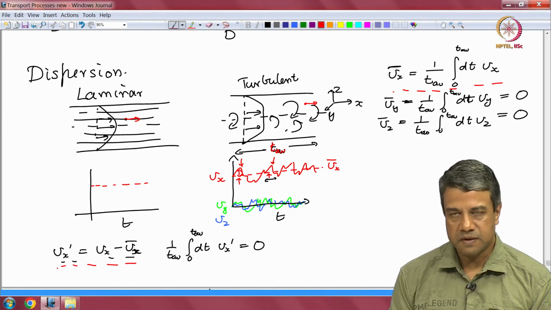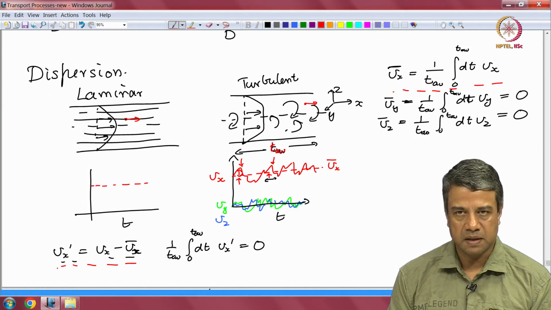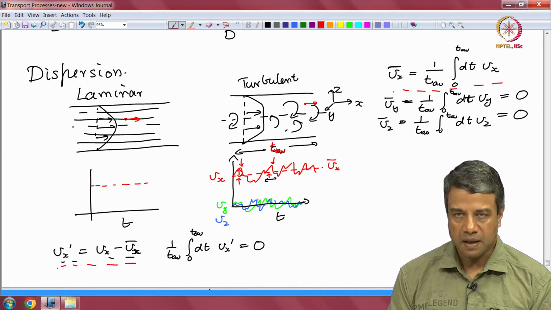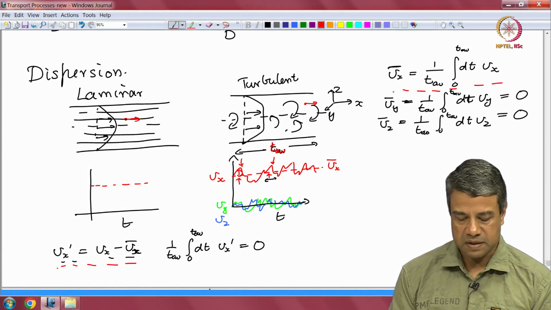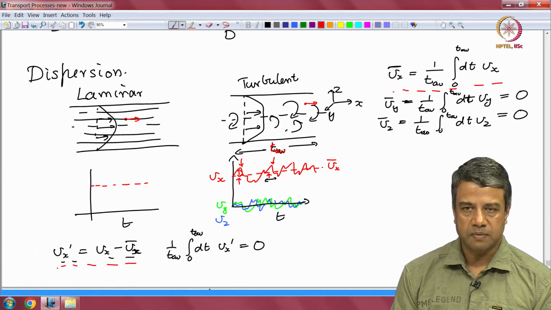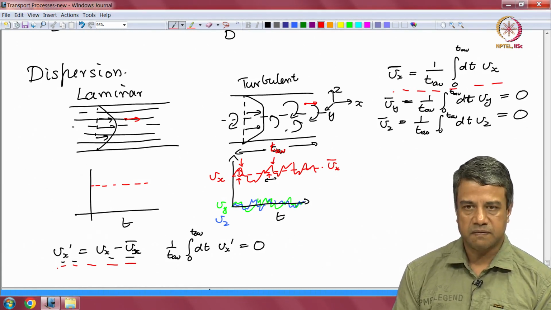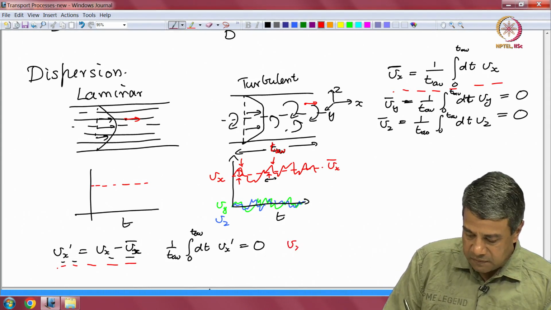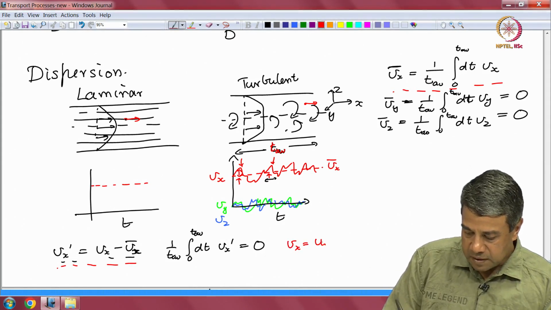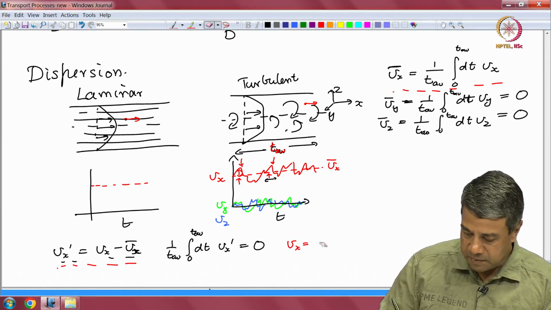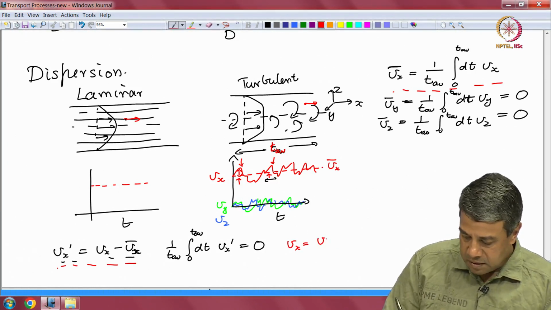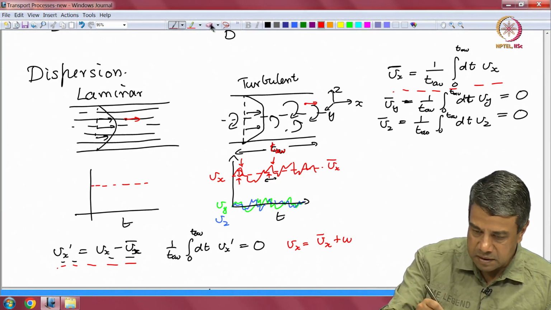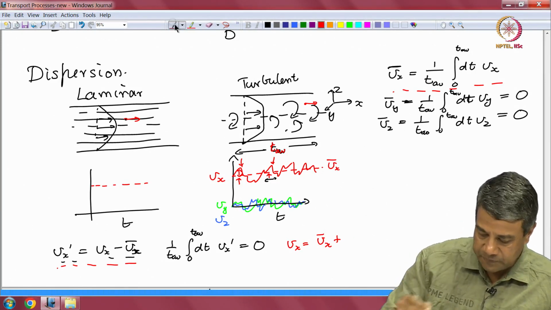So, you define an average over this long time period. The average is called the mean velocity, and the fluctuations about the average, that is the velocity fluctuations, are represented by primes. So, the velocity Vx is written as the sum of a mean velocity, we are using bar for the mean velocity, plus the fluctuating velocity.